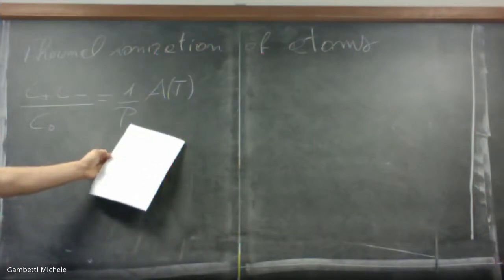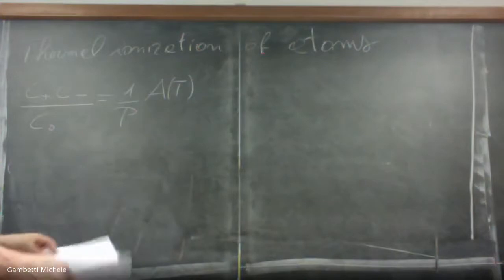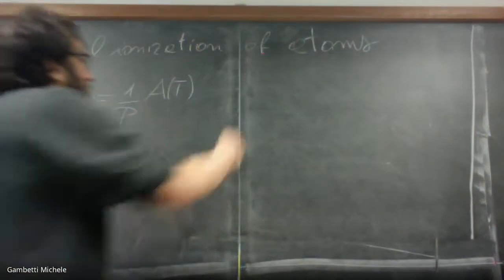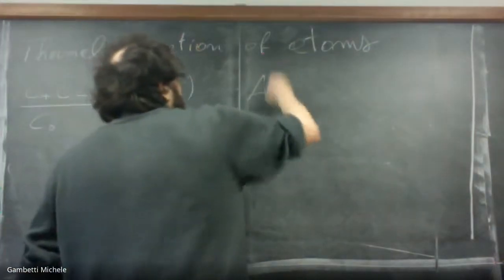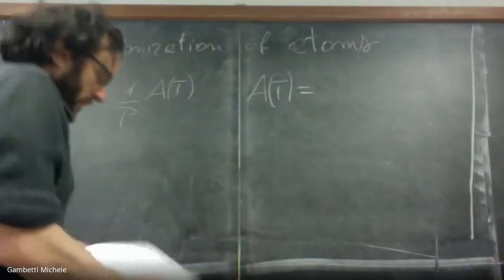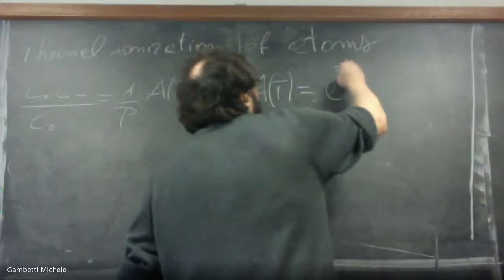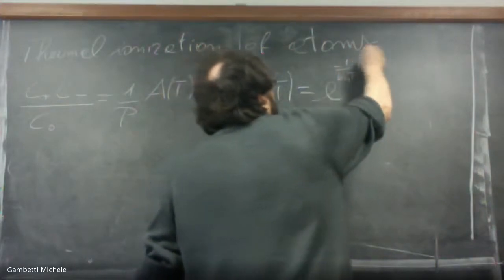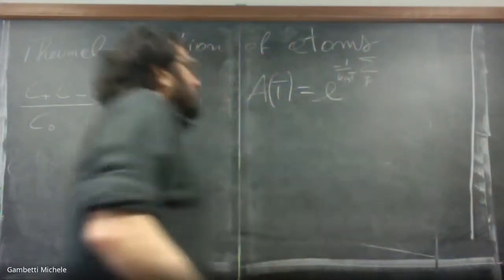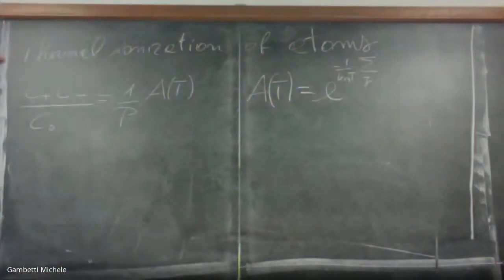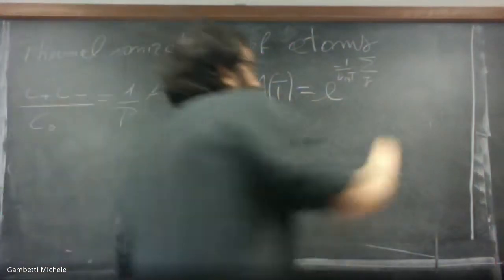Let me write it down immediately. A of T was defined as the exponential of minus 1 over kBT, times the sum over j of the stoichiometric coefficients times the chemical constant.